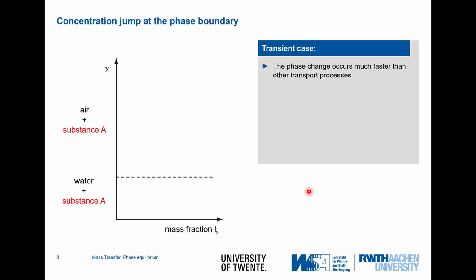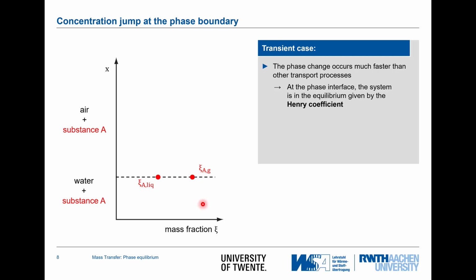So for the transient case, I have to take one assumption which is mostly generally valid: that the phase change of a molecule going from either side of the phase boundary happens much faster than other transport processes, for example diffusion in the liquid or diffusion in the gas phase. And this means at the interface the equilibrium values are given by the Henry coefficient, defining this jump here.